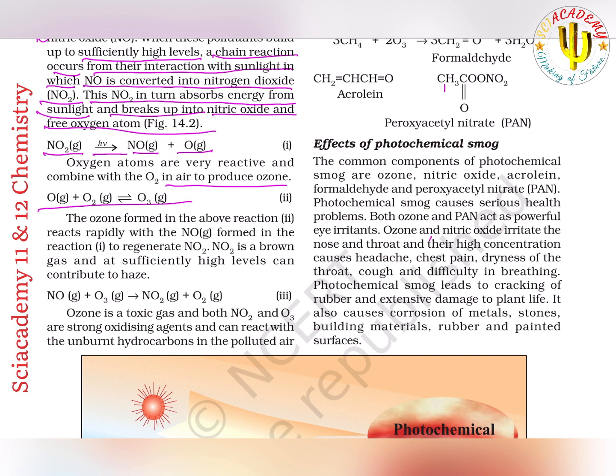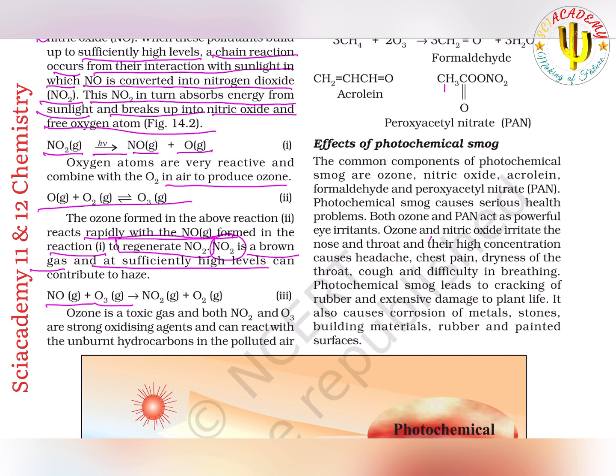The ozone formed in the above reaction 2 reacts rapidly with the nitric oxide formed in reaction 1 to regenerate NO2. NO2 is a brown gas and its sufficiently high level can contribute to haze.